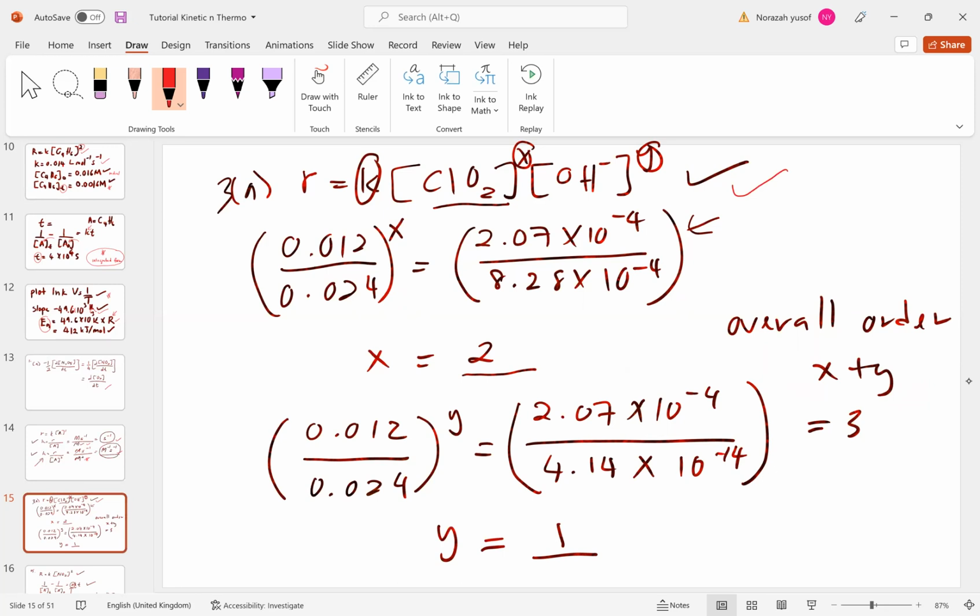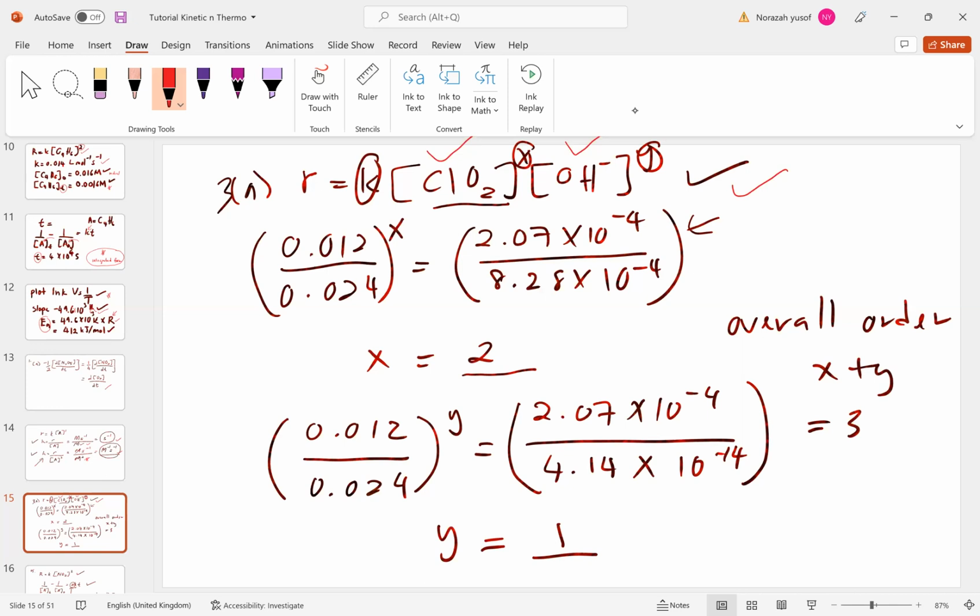The reactant is ClO2 and hydroxide. So this is the general expression. We need to identify what is x, what is y, meaning the order of reaction for ClO2 and the order of reaction for hydroxide, OH minus. Same steps. We have to look one by one.